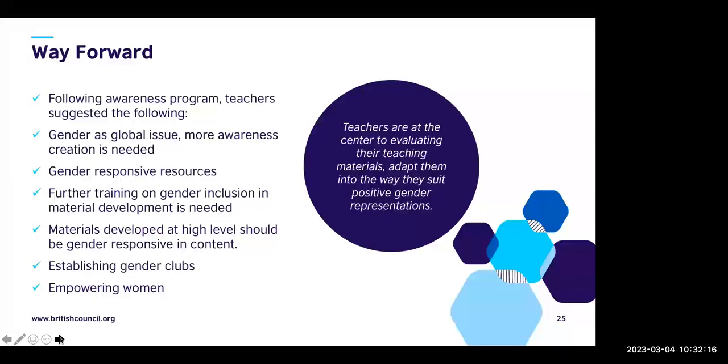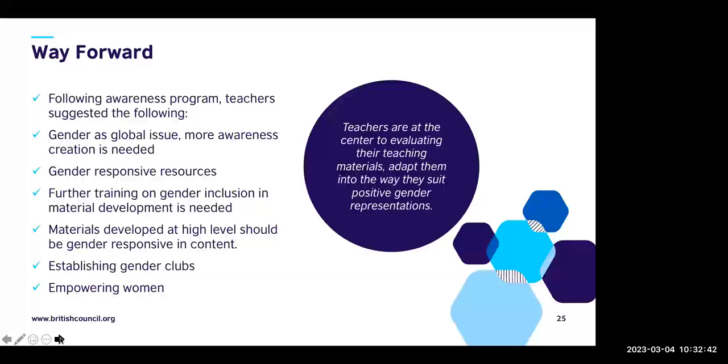So finally, based on the feedback after the program, they gave a lot of suggestions, like gender is a global issue. More awareness creation is needed, not only at the college level, but throughout the university, throughout the education system.